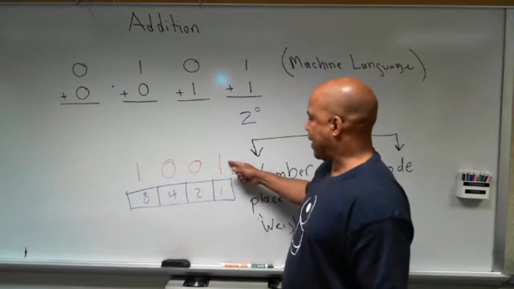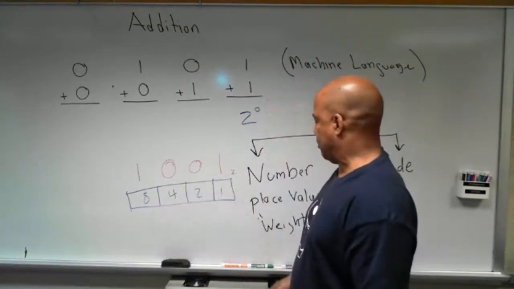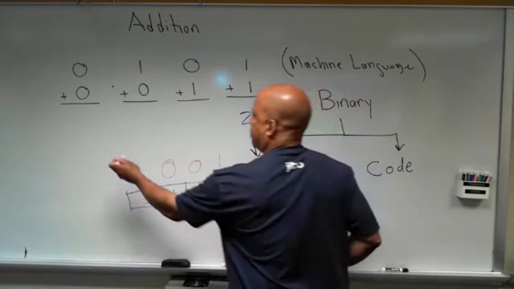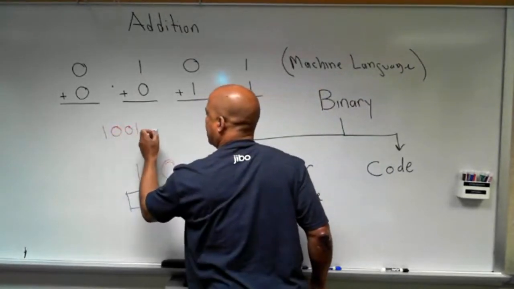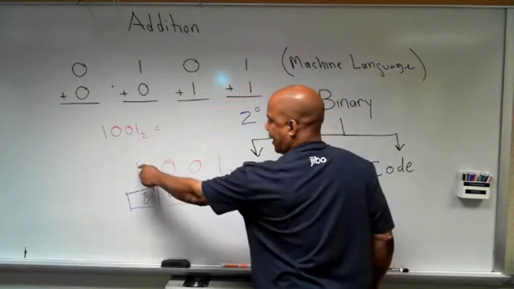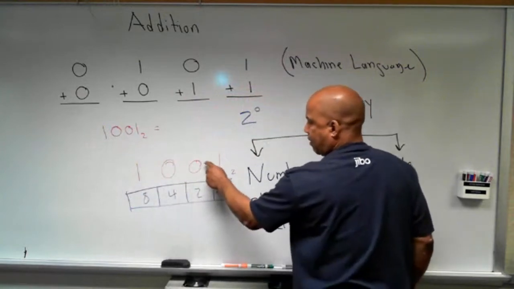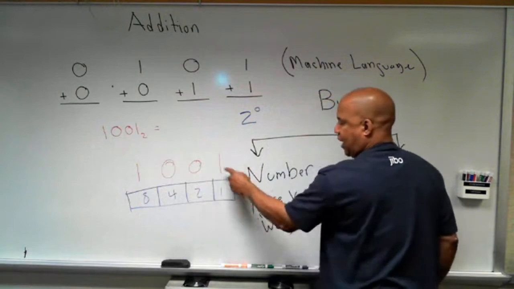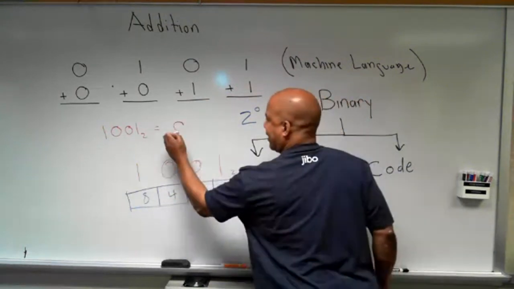But given that this is binary, I can use this 8421 code to translate the binary 1001 base 2 to decimal by saying, I got one of these, I got an 8, I don't have a 4, I don't have a 2, I do have a 1. So an 8 and a 1, that's a 9.